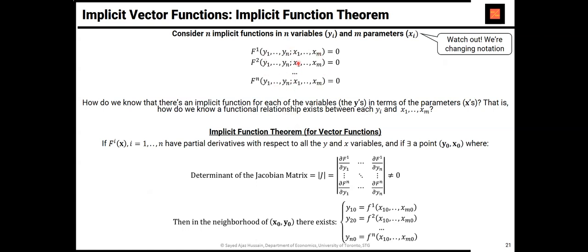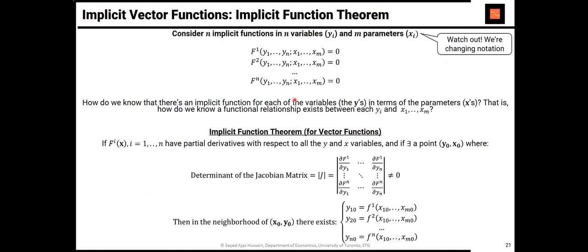And now the x's are parameters. So the x's are your a's, b's, c's, and d's, as in the previous slide, and the y's are your variables, as in the quantity on the previous slide. Given so many equations, you wonder, is y in fact an implicit function of the x's?